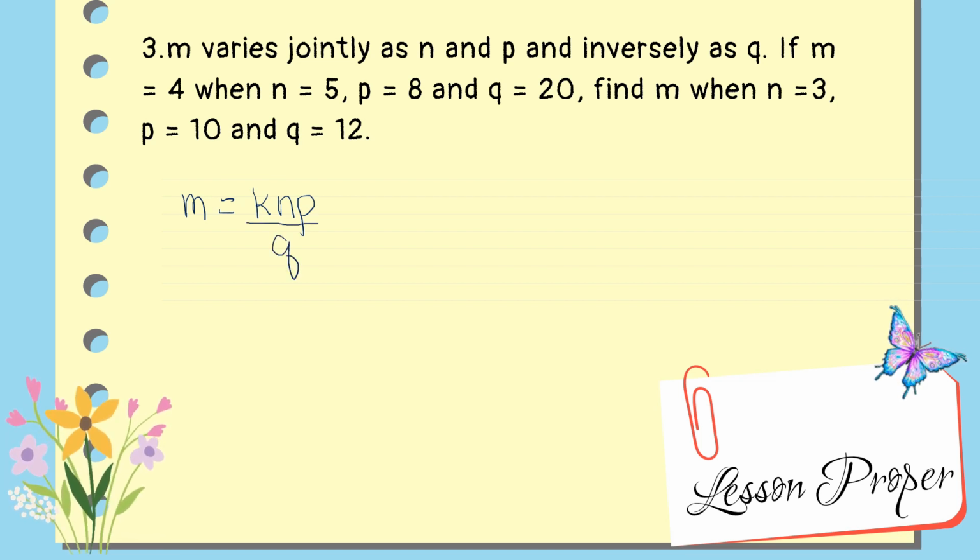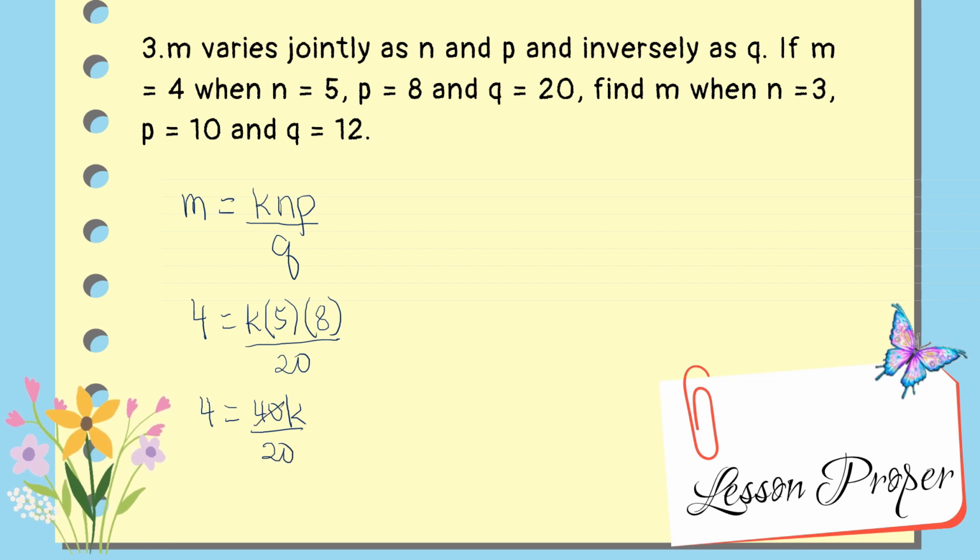Now let's substitute all the values here. M is 4, N is 5, P is 8, and Q is 20. 5 times 8 is 40. So 4 equals 40 times K is 40K over 20.